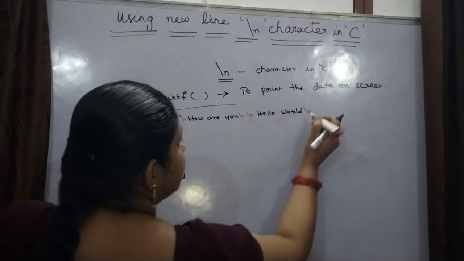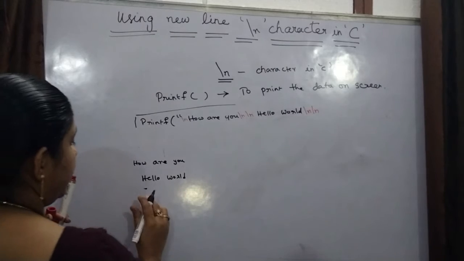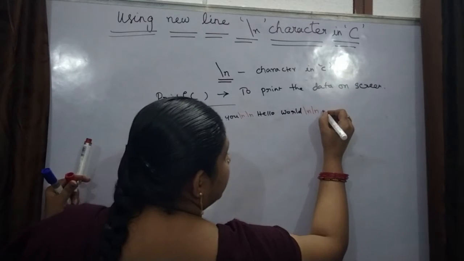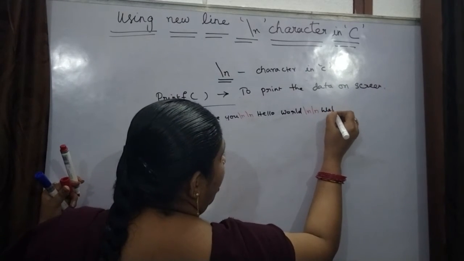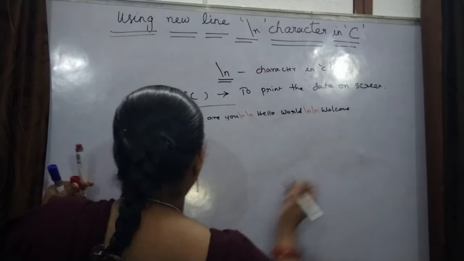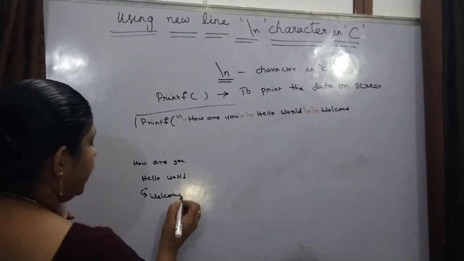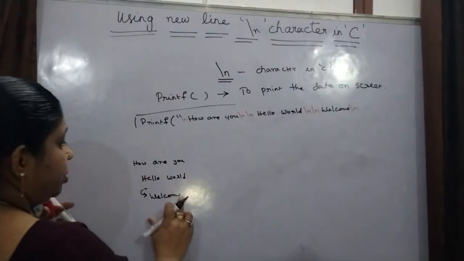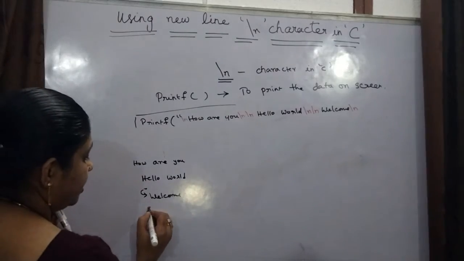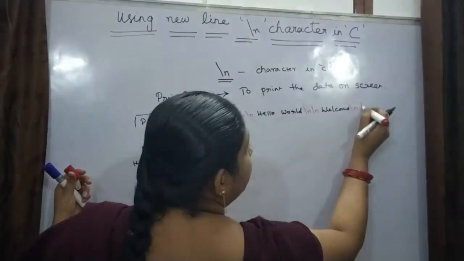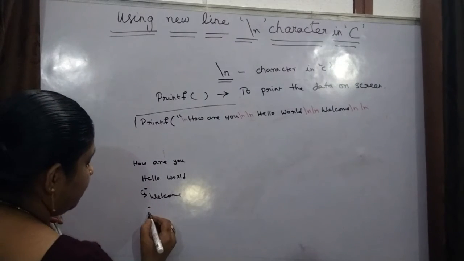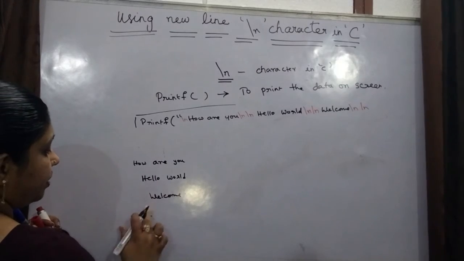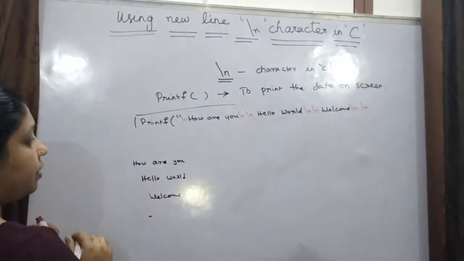So if I write once again \n, again this cursor will come to the next sentence, and whatever is written here will be printed on the console like this. If I give \n, it checks here and comes to the next line, the cursor starts blinking here. If I give one more \n, again this cursor comes to the next position. Like this the cursor is moving because of this \n character.